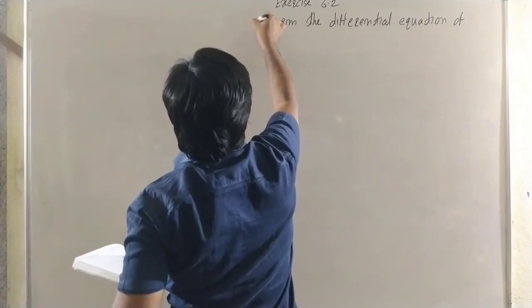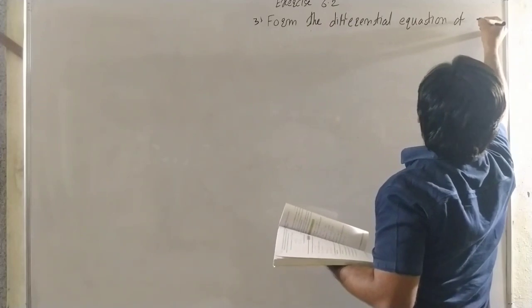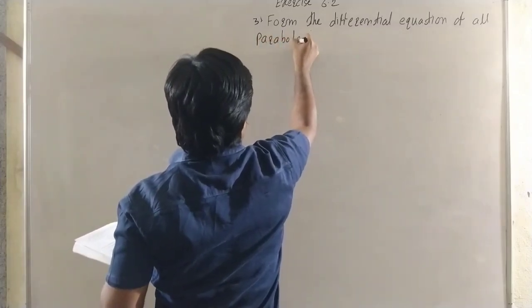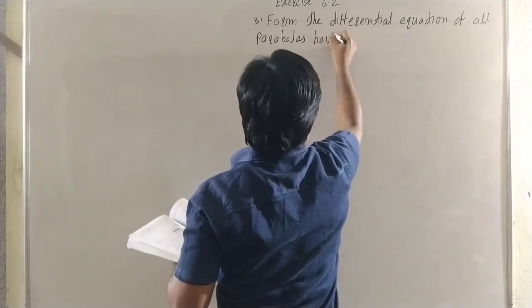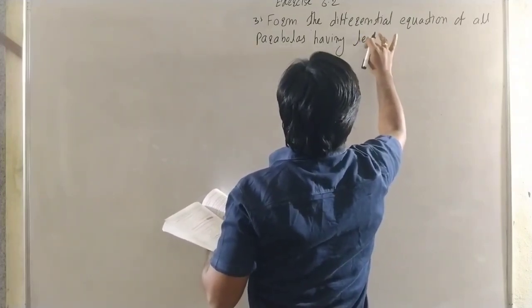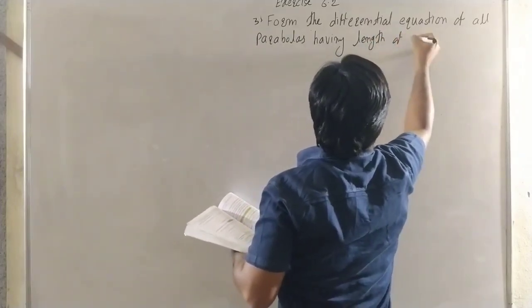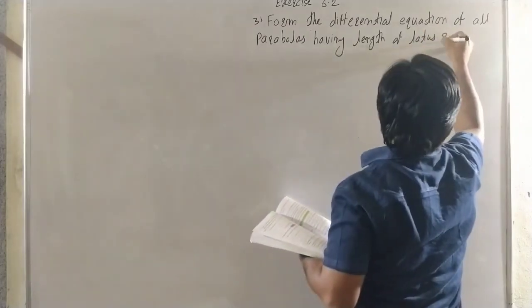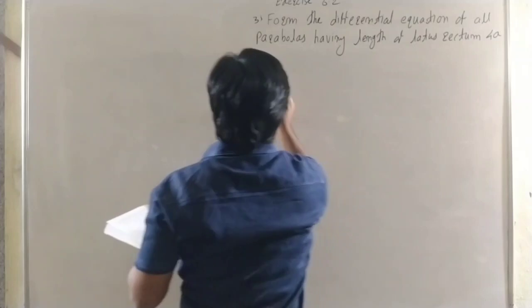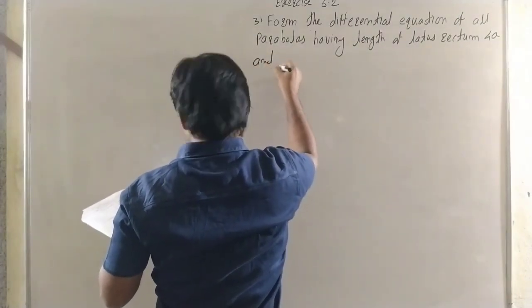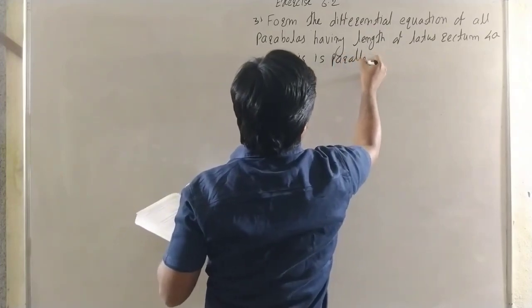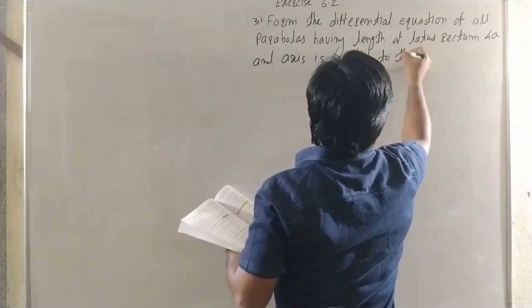Example number 3. Find the differential equation of all parabolas having length of latus rectum 4a and axis parallel to the x-axis.